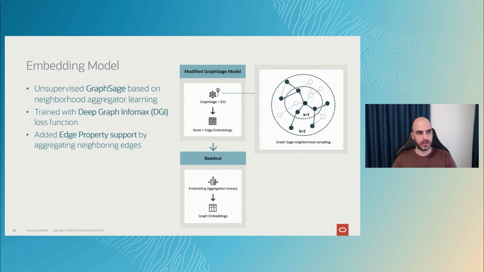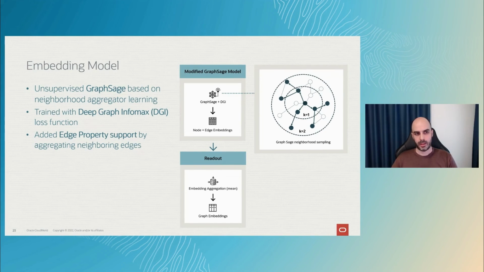So how are we able to meet these requirements? Our embedding model is based on unsupervised GraphSAGE, a graph machine learning algorithm that incorporates the neighborhood of a node to generate node embeddings.